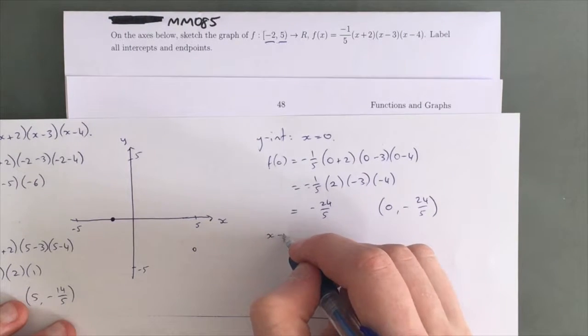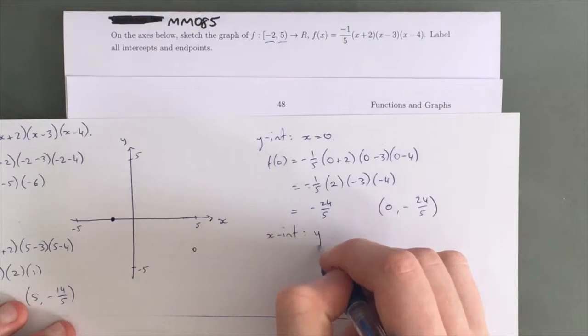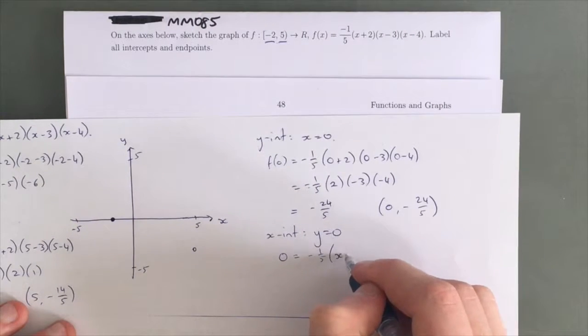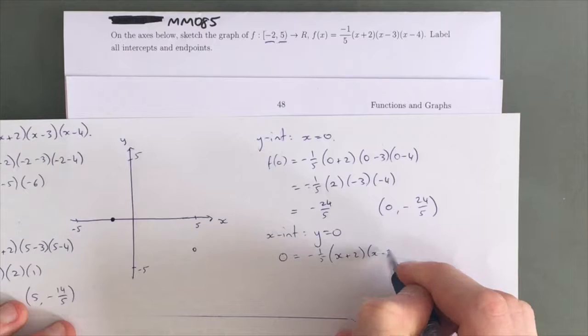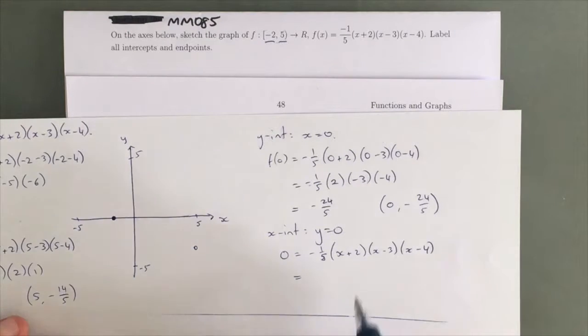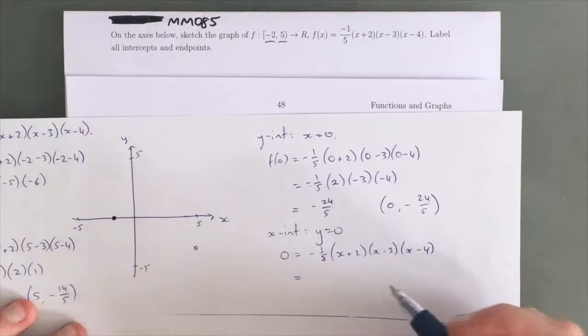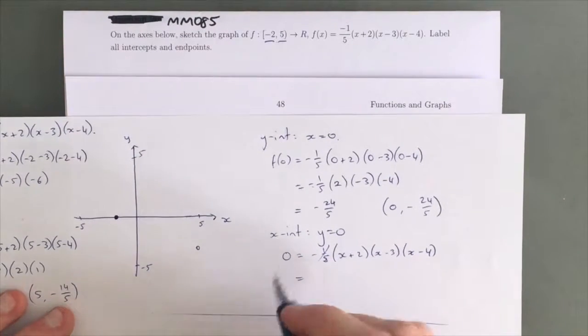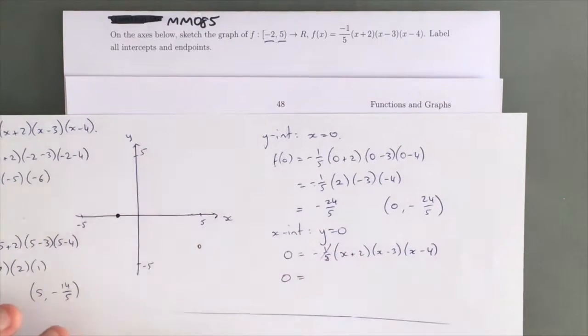And we have our x-intercepts when y equals 0. So we sub that in, we get 0 equals negative 1/5 (x + 2)(x - 3)(x - 4). And we just solve this now. We divide both sides by negative 1/5, which cancels that out, and 0 divided by negative 1/5 is still 0.